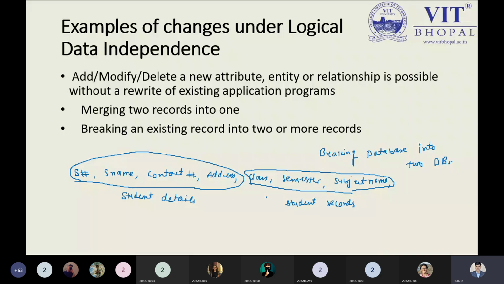So the stored information should not be lost. That is the simple meaning. So we have logical data independence. So this is a simple example.